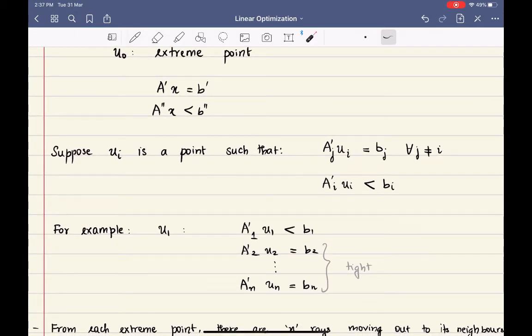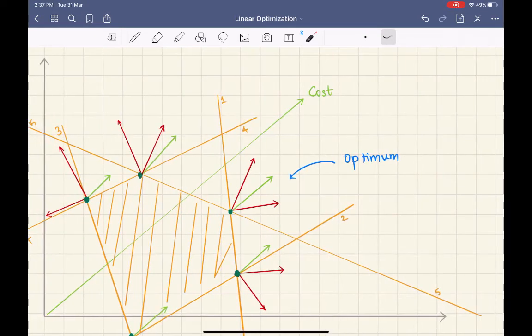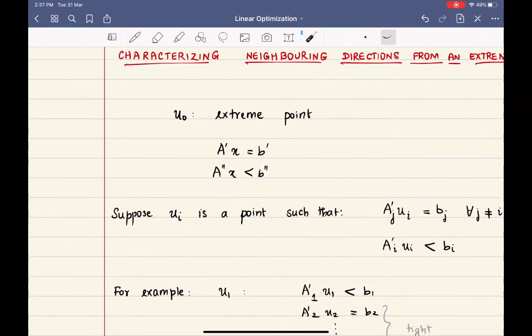Now, the farther this gap is, the farther you are moving away from the hyperplane a1 prime u1 equal to b1. Like in this picture, if this was the hyperplane, here you are satisfying it tightly, and now as you move like this, you are strictly less than the corresponding coordinate bi, and the farther you move along this line, the more this gap would be.